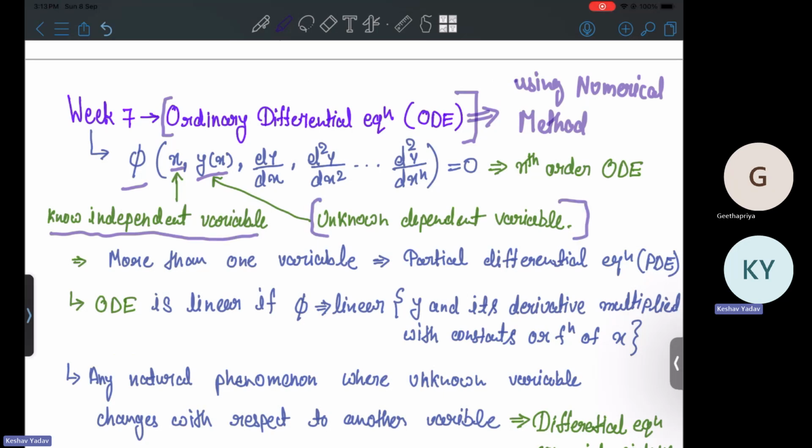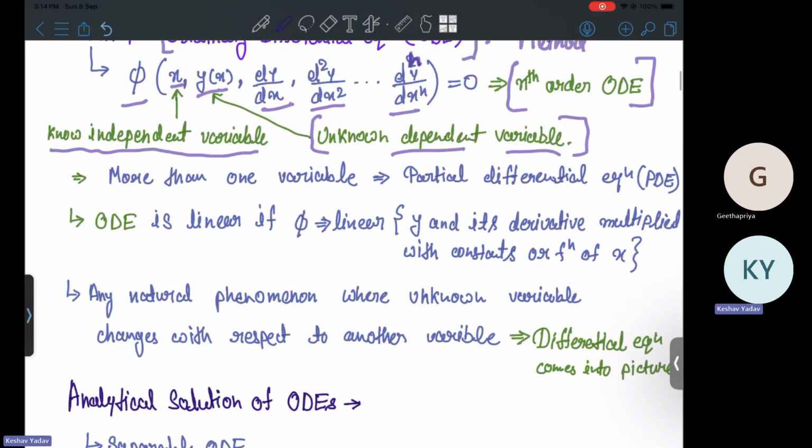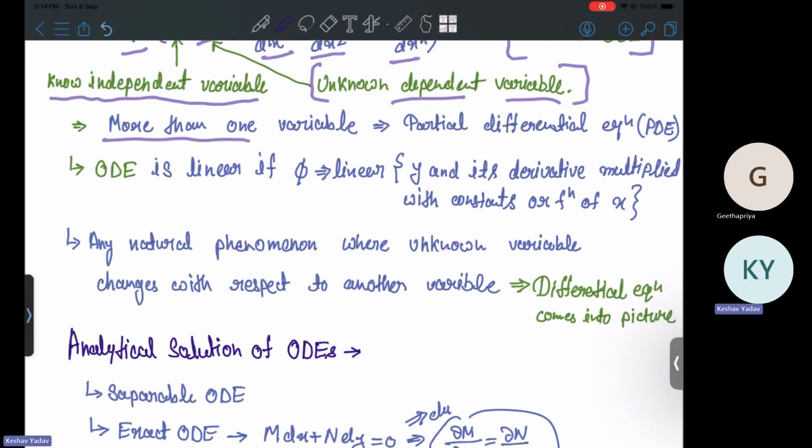In general form, phi is a function of x, y, dy by dx, d2y by dx2, similarly till the nth derivative, equal to 0. This is an nth order ordinary differential equation. If there is more than one unknown, then partial differential equations come into the picture.